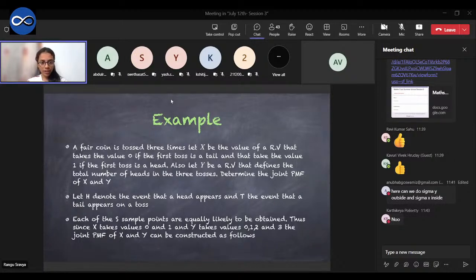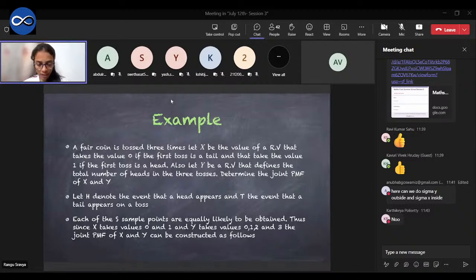Let H denote the event that a head appears and T the event that a tail appears on a toss. Each of the sample points is equally likely. Our experiment is 3 tosses of a coin, and each toss can be a head or a tail, so in total there are 8 possible outcomes, each equally likely.